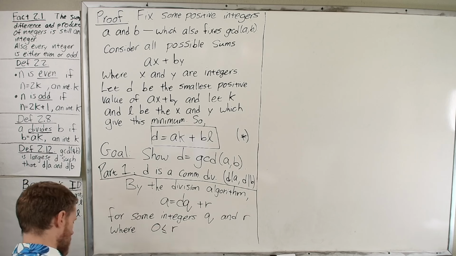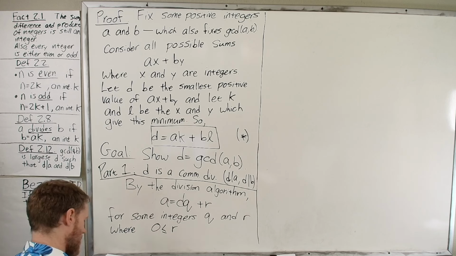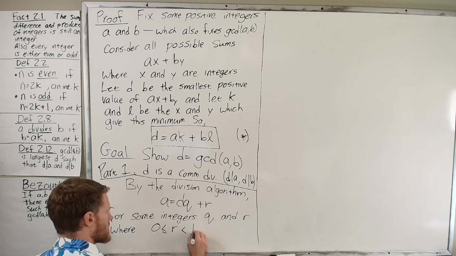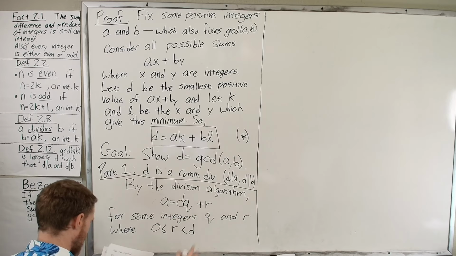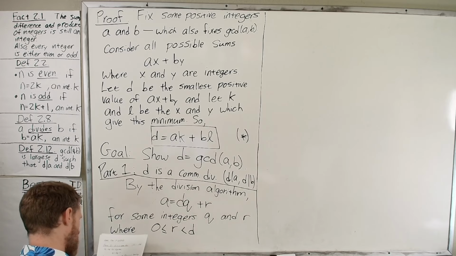It's always at least 0. You can't have a negative remainder. And also it's less than D, right? If R were the same size as D or even larger than D, then you could just make the quotient larger to divide out more, essentially.